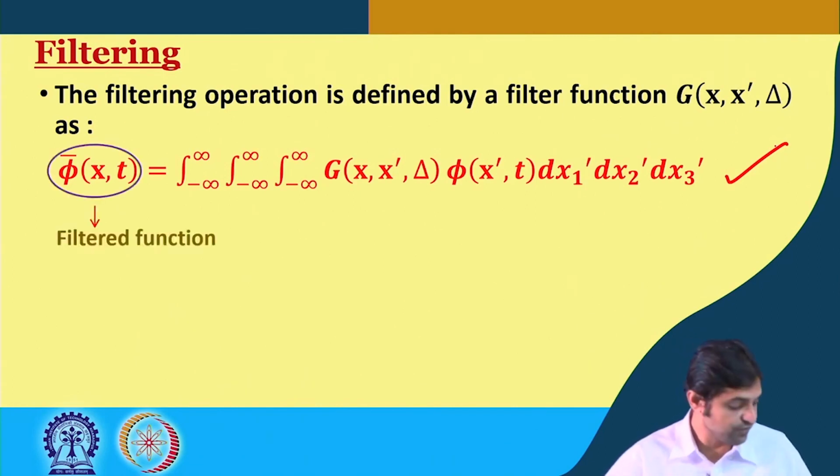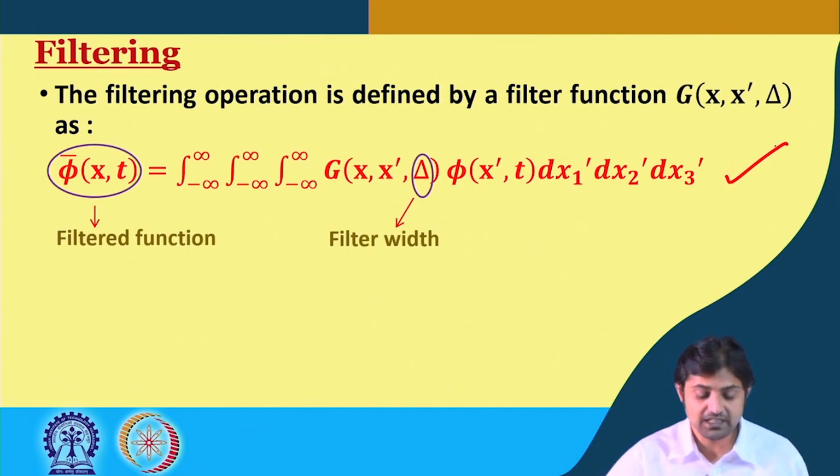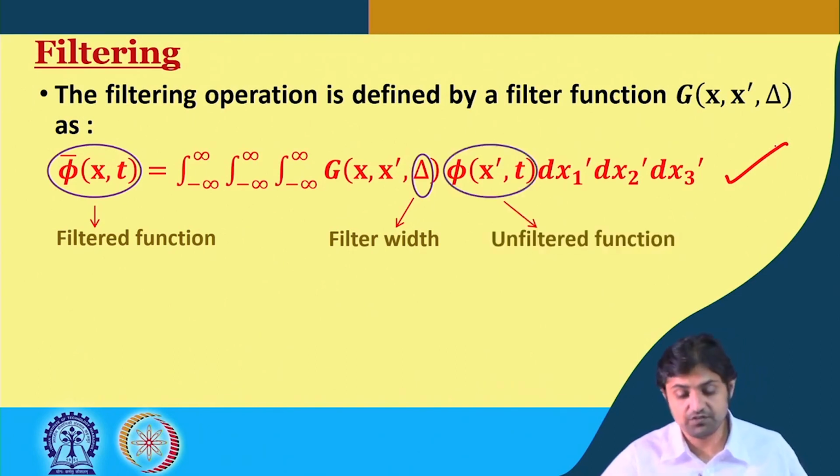So this is a filtered function. Delta is the filter width, which is mostly set to the size of the mesh, and this is the unfiltered function phi of x dash, t.